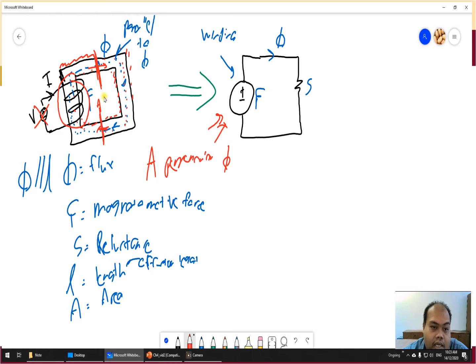Be careful, some areas may not be the same, so you have to measure correctly before you calculate. Why you want to know the length and the area is because you use them to calculate S, the reluctance. That is the basic.